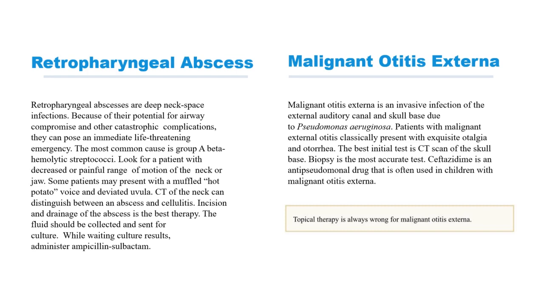Patients with malignant otitis externa classically present with extreme otalgia and otorrhea. The best initial test is CT scan of the skull base. Biopsy is the most accurate test, and ceftazidime is an anti-pseudomonal drug which is often used in children with malignant otitis externa.